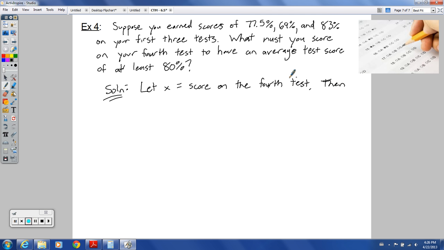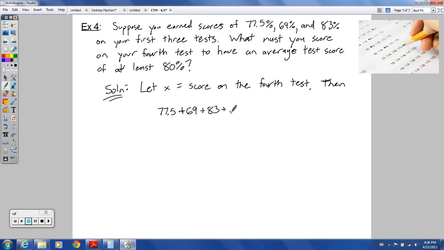Then I know the average score, you're supposed to just add up the values that you have and divide by how many values there are. And so here, taking the average of 4 tests, I would take my first test, which was 77.5, plus the second one, 69, plus the third one, 83, and plus the fourth one.